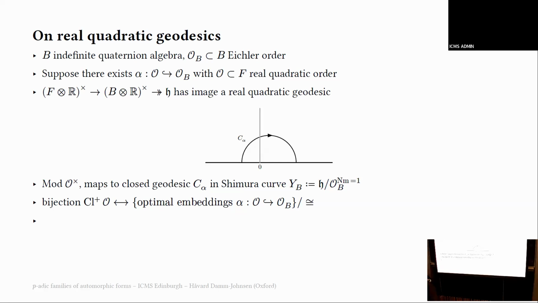But I can also look at inequivalent, non-conjugate embeddings. And it turns out that these are in bijection with the narrow class group of the order that I started with. And so I'm going to fix the character psi of the class group. So this is the so-called ring class character. And I'm going to define a formal linear combination of geodesics inside the Shimura curve.